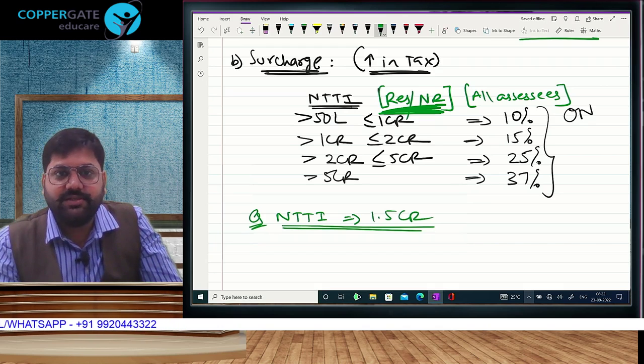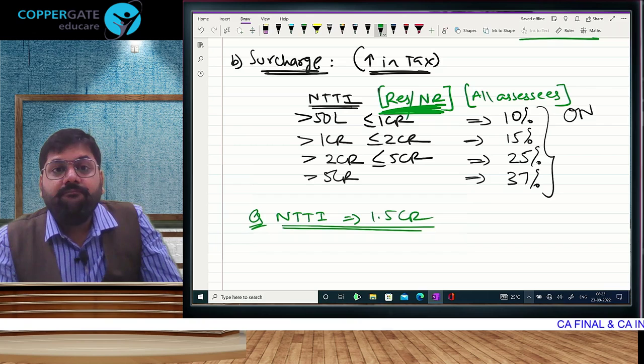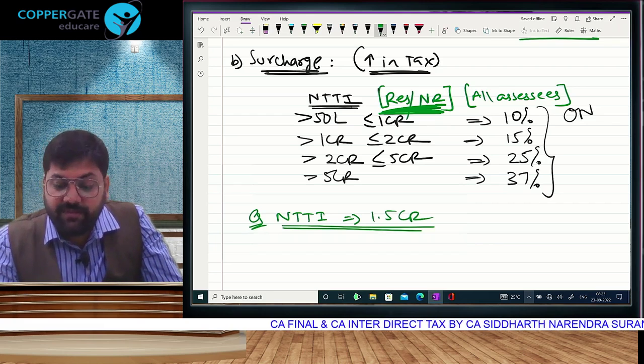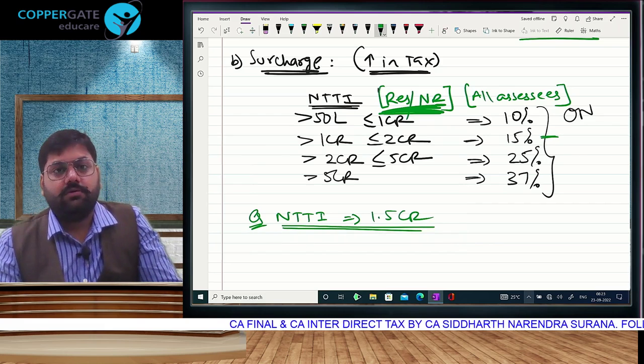It's a case of surcharge. Yes. How much surcharge? 15%? 1.5 crore will be 15 bro, not 25. After 2 crore it becomes 25. 15%.